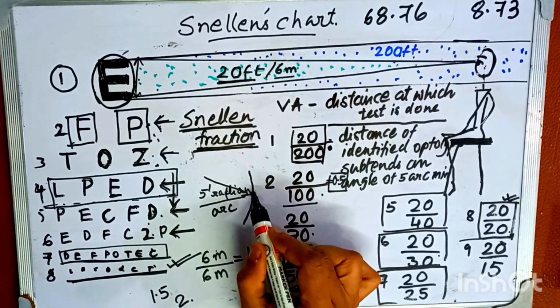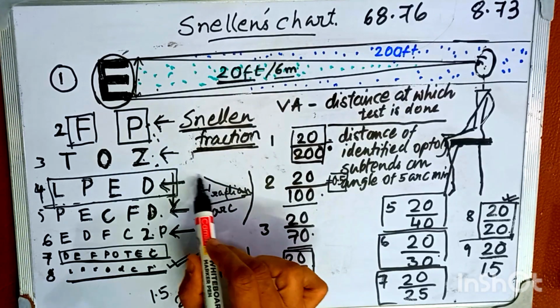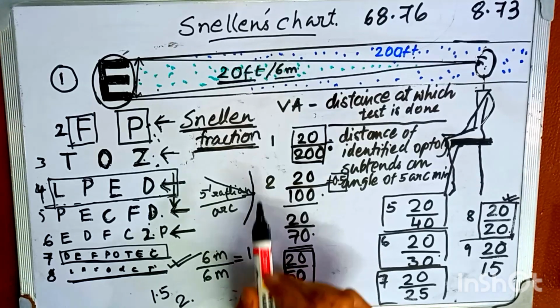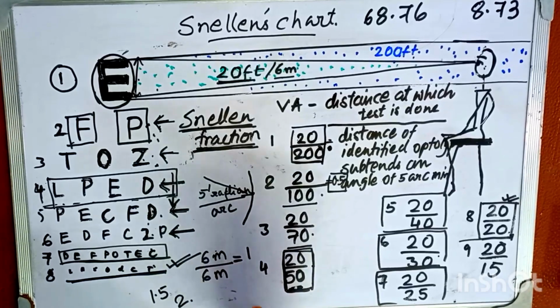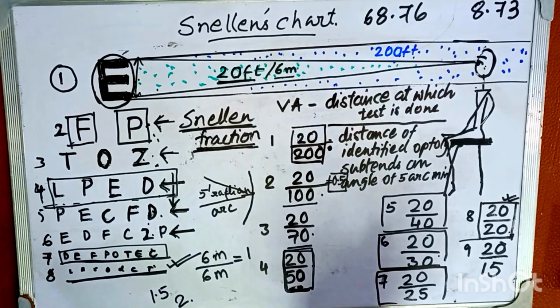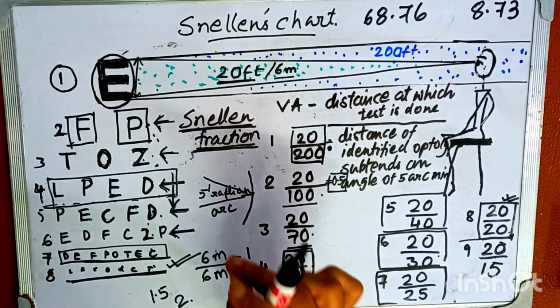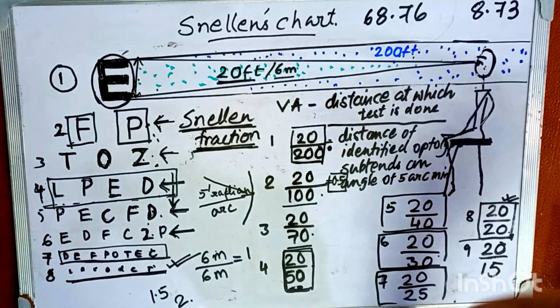Here we have the retina. If this optotype has subtended an angle of 5-minute arc in the retina, only then can we distinguish this optotype, and process that image in such a way that we can clearly see it. A 5-minute arc is absolutely necessary for an optotype to subtend on the retina.